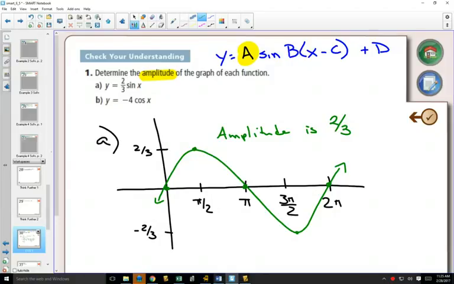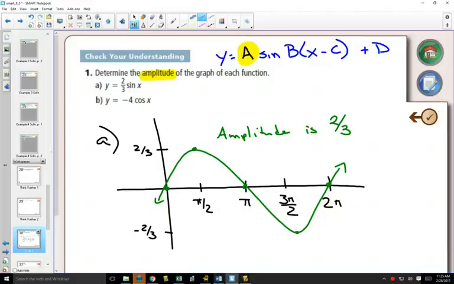So a shortcut that we're going to be developing for graphing sine and cos is if we know that our amplitude is whatever that A value is, we can right away go from our center line and say, I'll go up 2/3 and I'll go down 2/3 from our center line. And since the center line of the sine graph starts at 0, that's what we're going to start with.